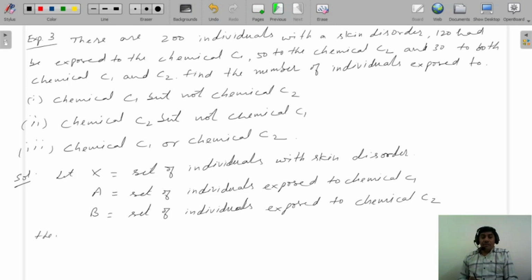Then n of X is equal to 200, n of A is equal to 120, n of B is equal to 50, n of A intersection B is equal to 30.